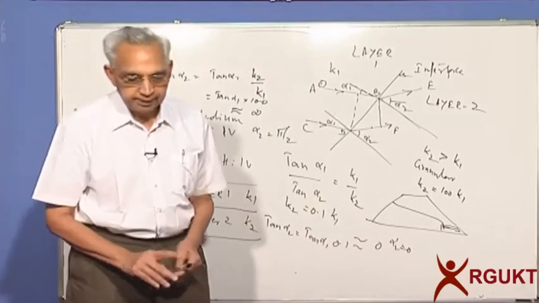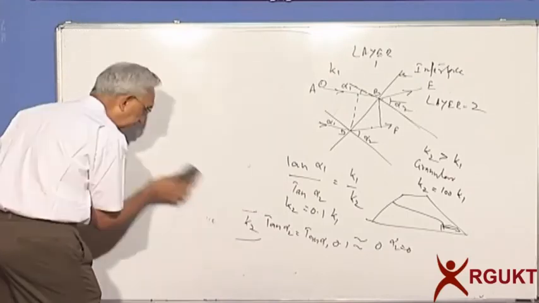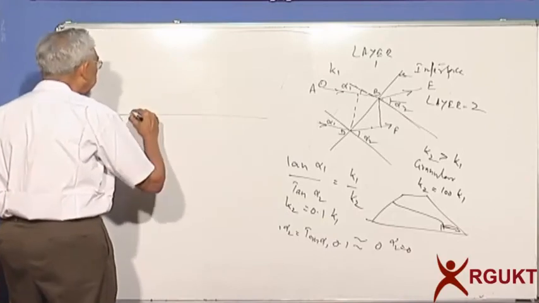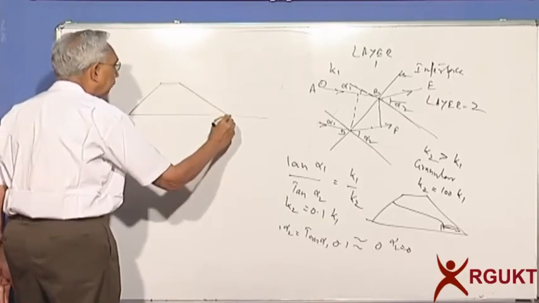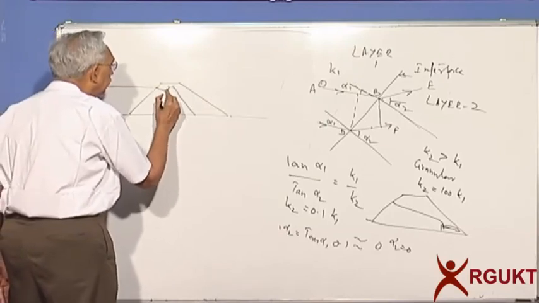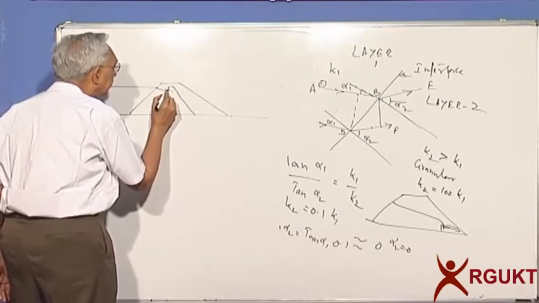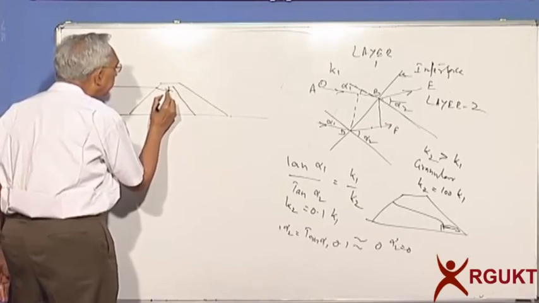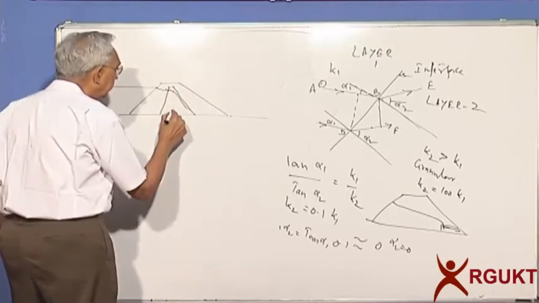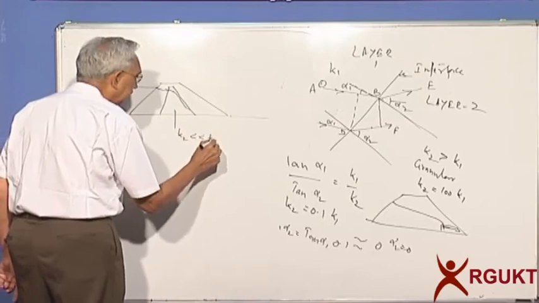So what it means is, when you provide the core, here is the composite or zoned dam, and here is the core. This flow line will come. If I draw, then instead of going straight, it will be perpendicular. Alpha is 0, so it will come along, and because this is highly impervious, K2 is very small compared to K1.